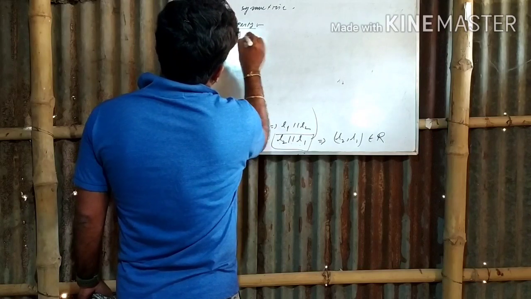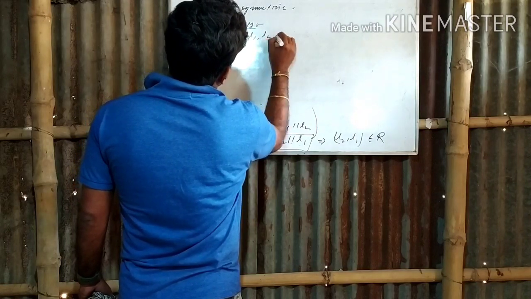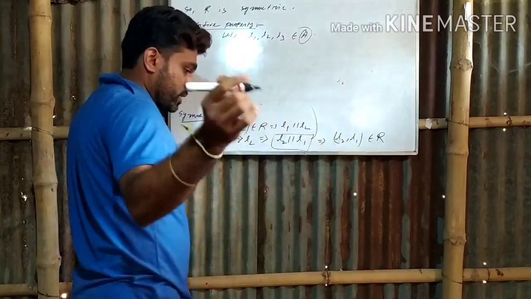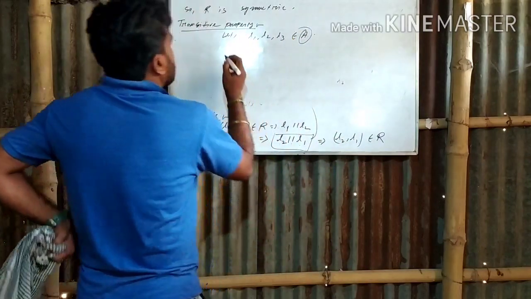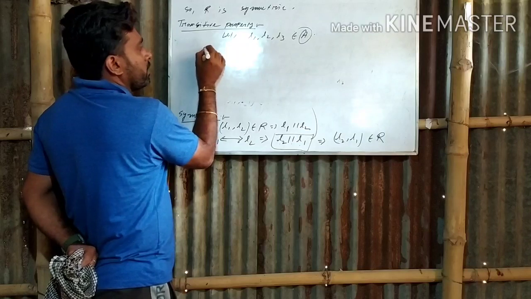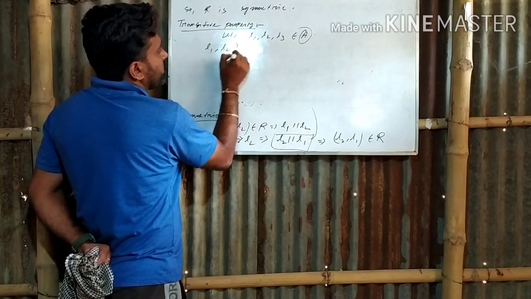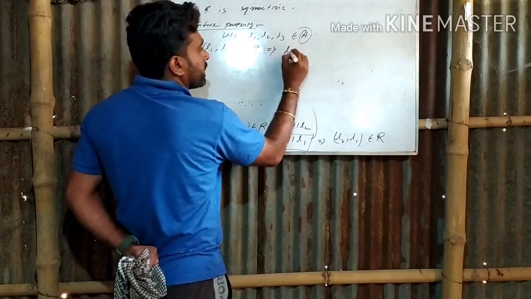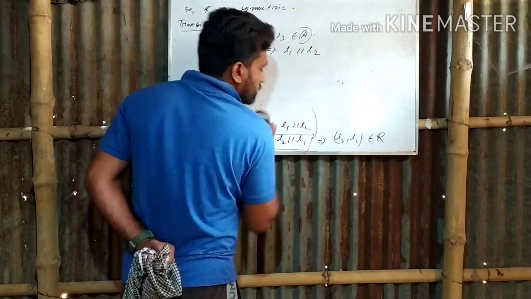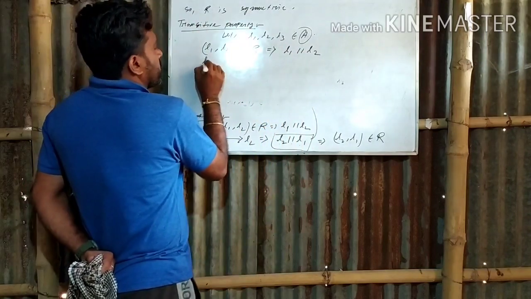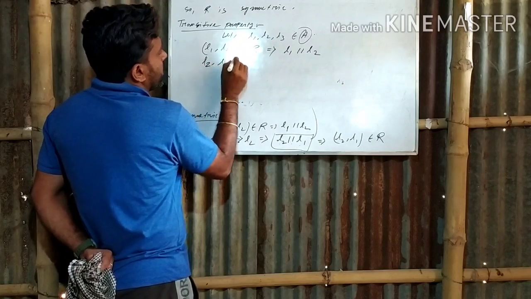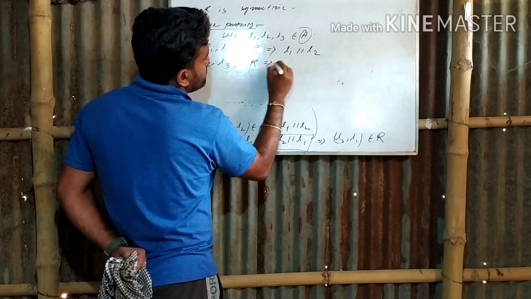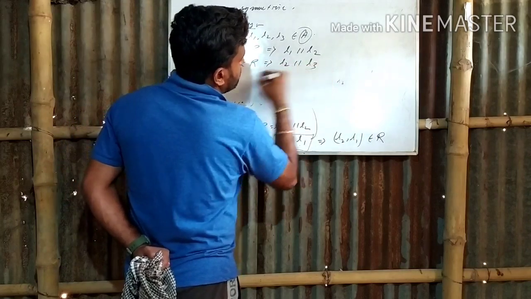Let L1, L2, L3 belong to set A, the set of all parallel lines, as given in the question. If the ordered pair (L1, L2) belongs to the relation set, then the condition is L1 parallel to L2. Then again (L2, L3) belongs to the relation set, that means L2 parallel to L3.